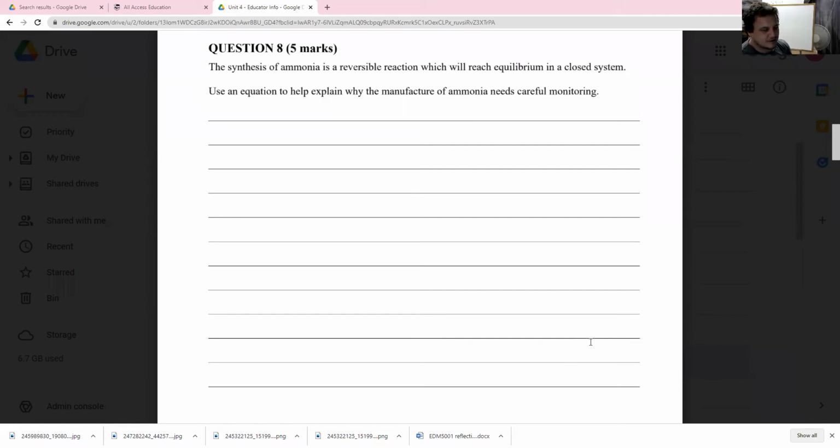What is the chemical equation for the Haber process? Any ideas?